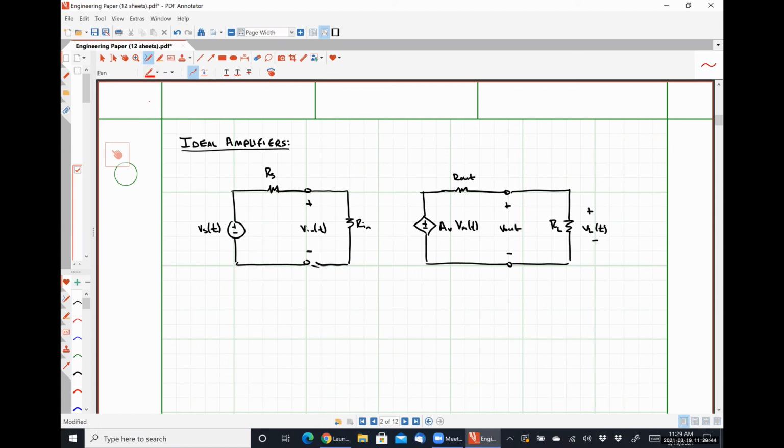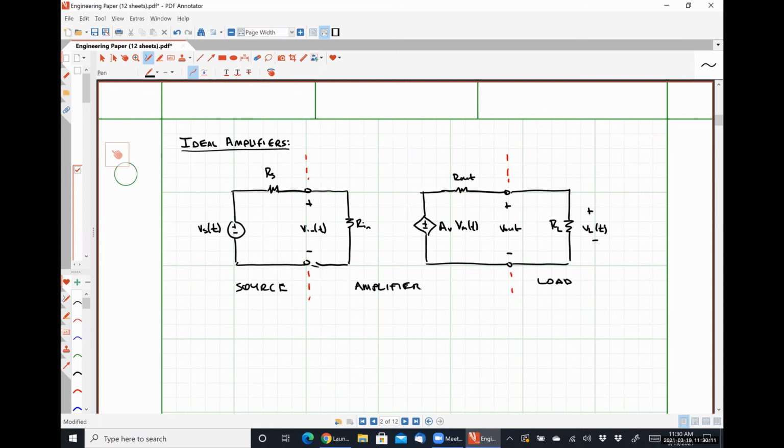All right, and just to make everything ludicrously clear, on the left-hand side, we have our source or input. On the right-hand side, we have our load section where we take our output. And in the middle, we have our generic amplifier circuit, okay?